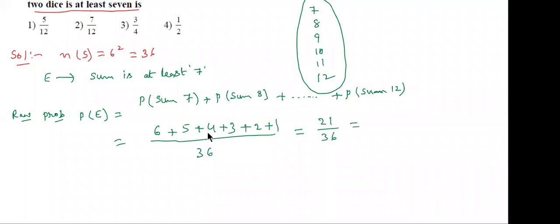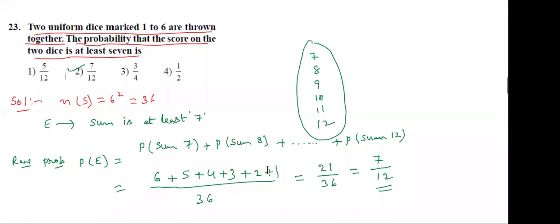That is 3 sevens are 21, 3 twelves are 36. So final answer is 7 by 12. If you know the table, then you will get the answer very easily. Otherwise, it will take time. Yes or no? Right. Finally, second option correct.